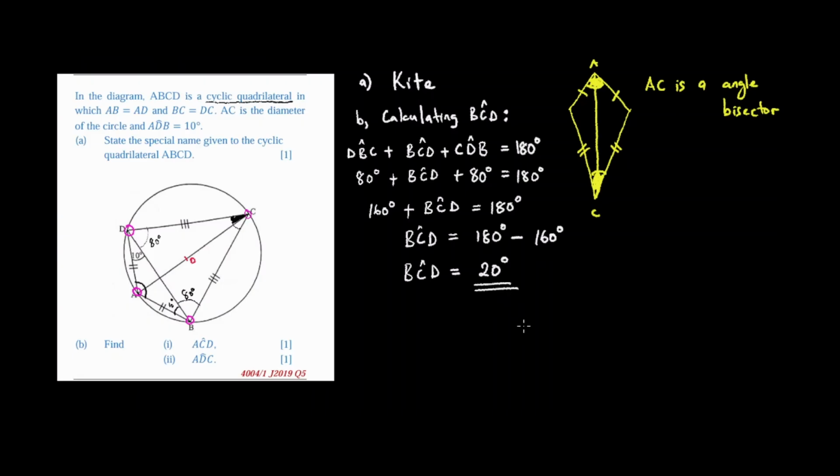But we do not want BCD, we were asked for ACD. We can say therefore ACD is equal to half of BCD. And if you want you can put a reason here or not put one. The people who are marking your work are mathematicians, very intelligent.